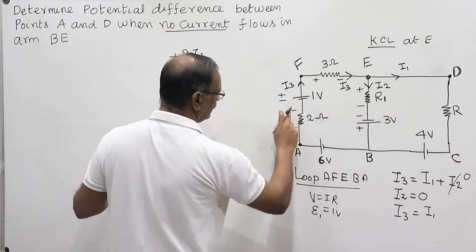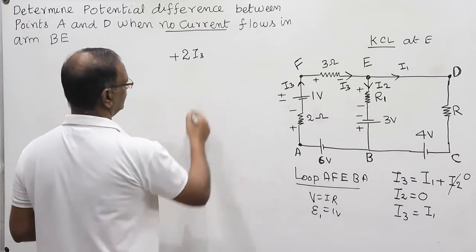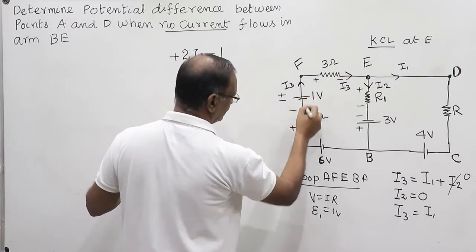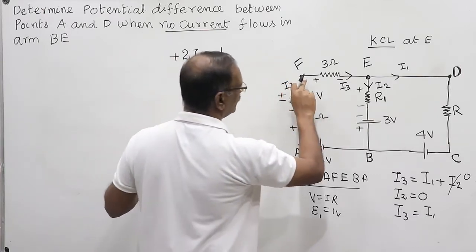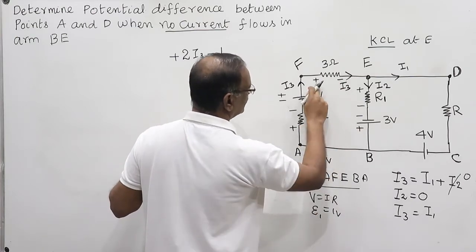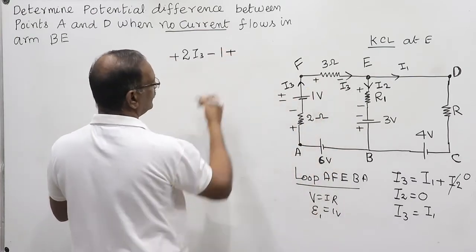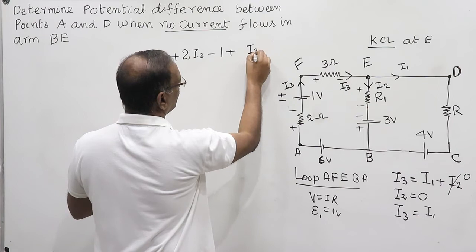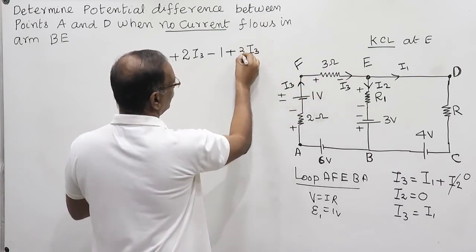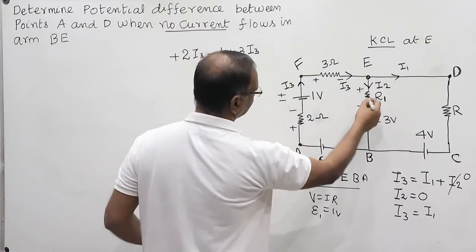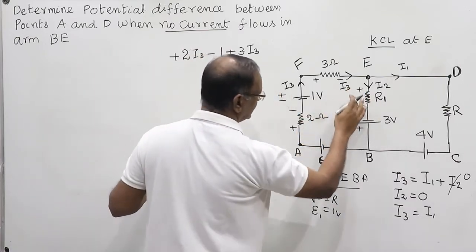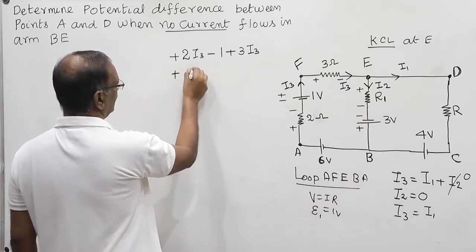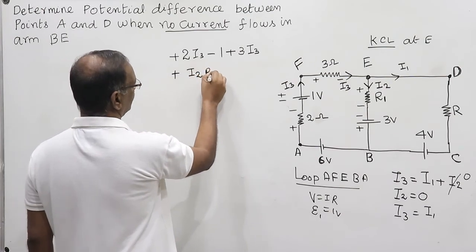From here to here, we are going from negative to positive, which means a negative EMF of 1. Now again going from positive to negative, this will be positive, with I equal to I3 and R equal to 3 ohm, so 3 I3. Here, going from positive to negative, the voltage is positive, I2 into R1.